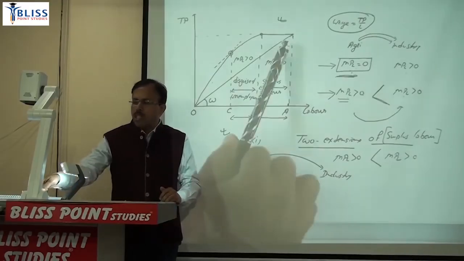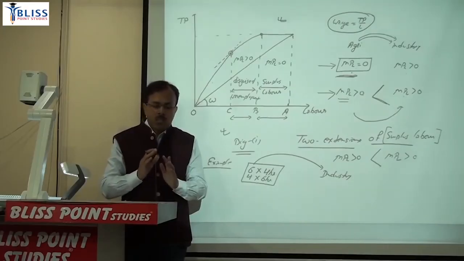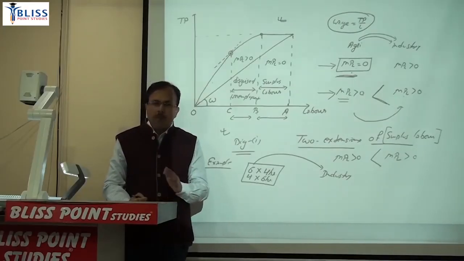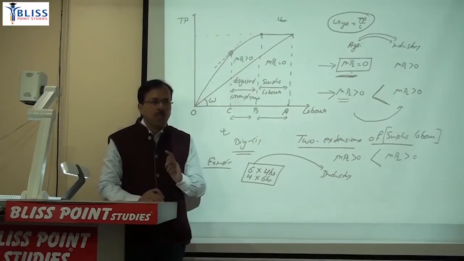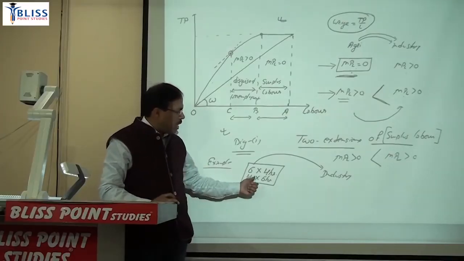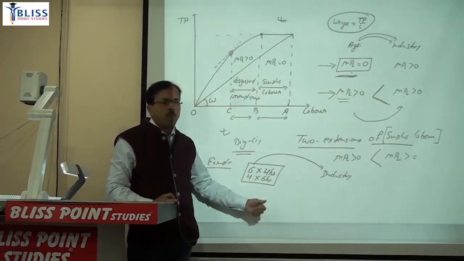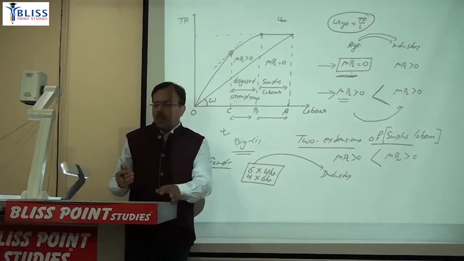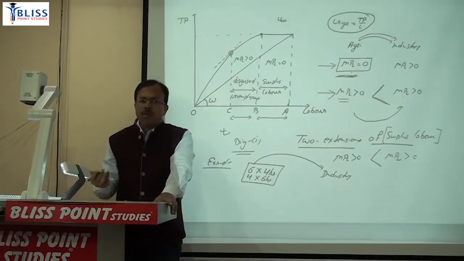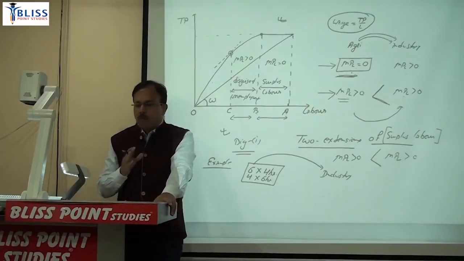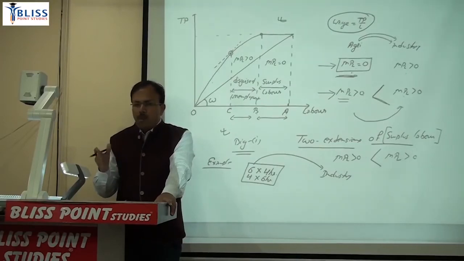So if total product is not declining, it is not because the marginal productivity of labor was 0, it is because the remaining workers are now working more hours, which means that the marginal productivity of initial labor was also not 0. So we have to separate between labor and laborer.